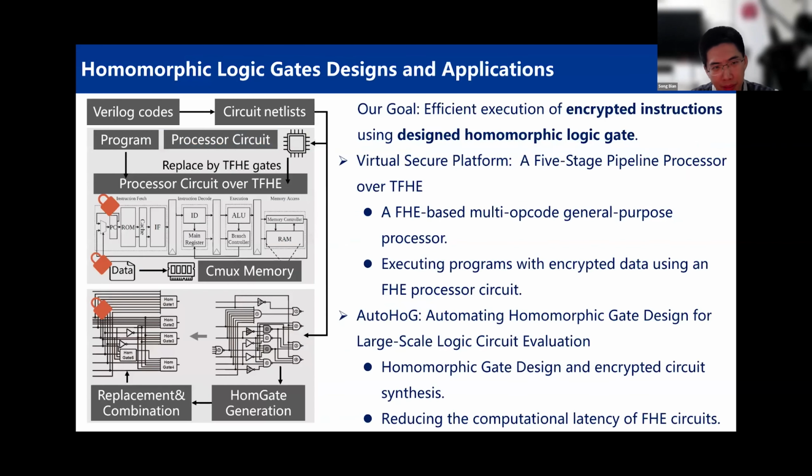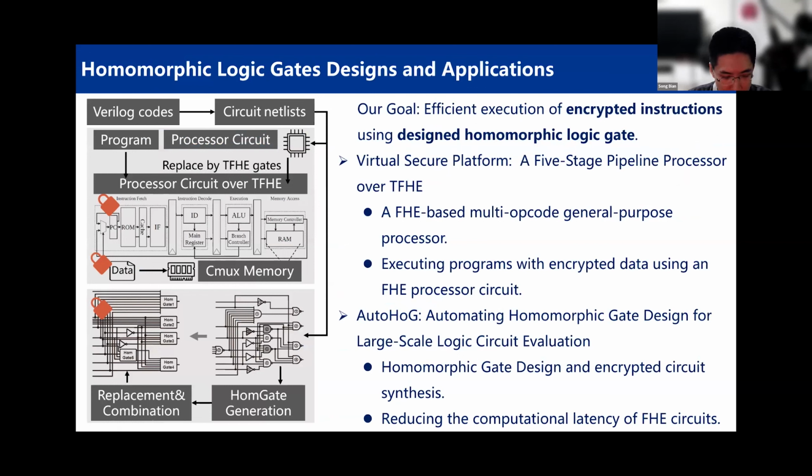But anyway, our talk today is going to be divided into two parts. The first part is we're going to introduce our processor. As we said, our goal is to achieve program hiding and data hiding with relatively okay efficiency and using existing tool chains.